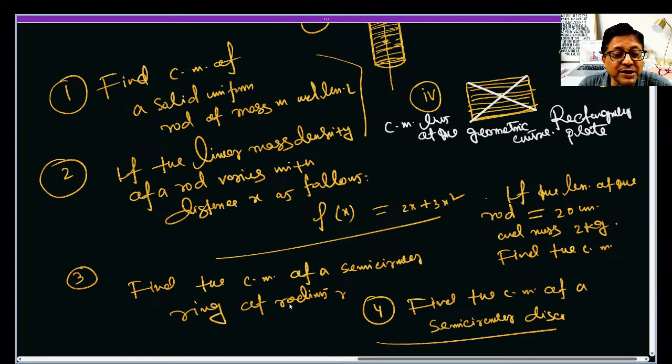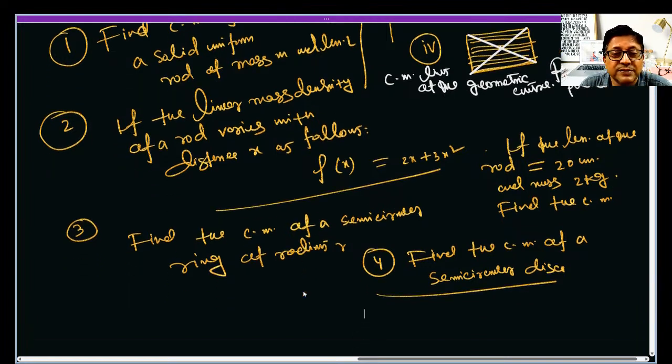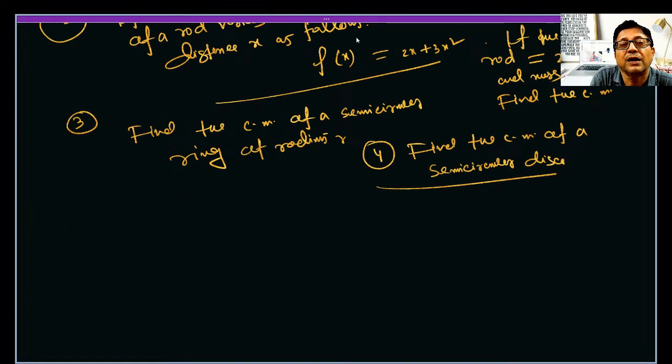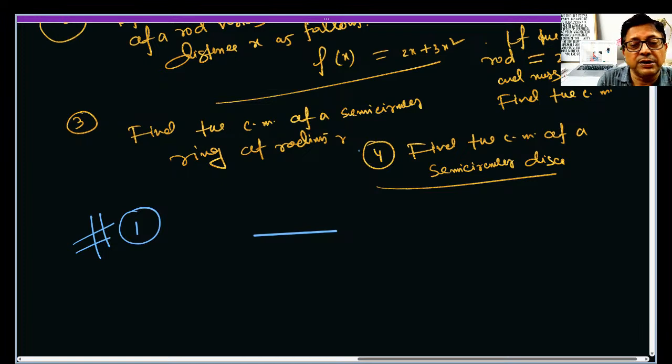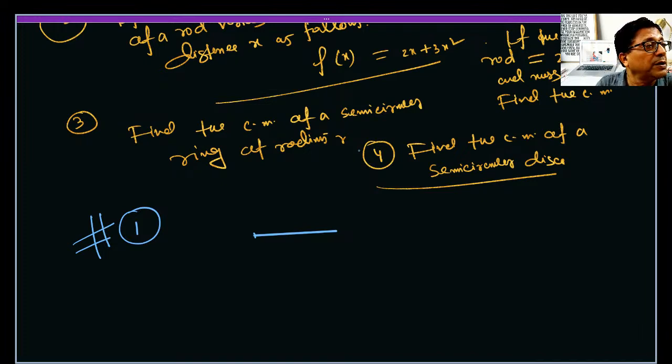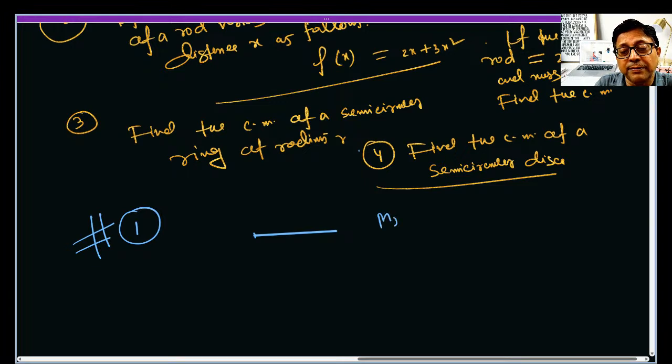Number 1, center of mass of a solid uniform rod. Thickness we normally don't consider. For this solid uniform rod, its mass is m, length is l.